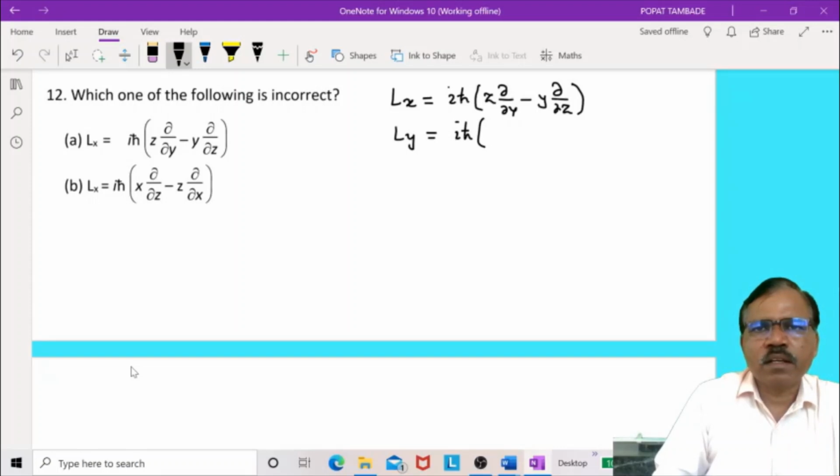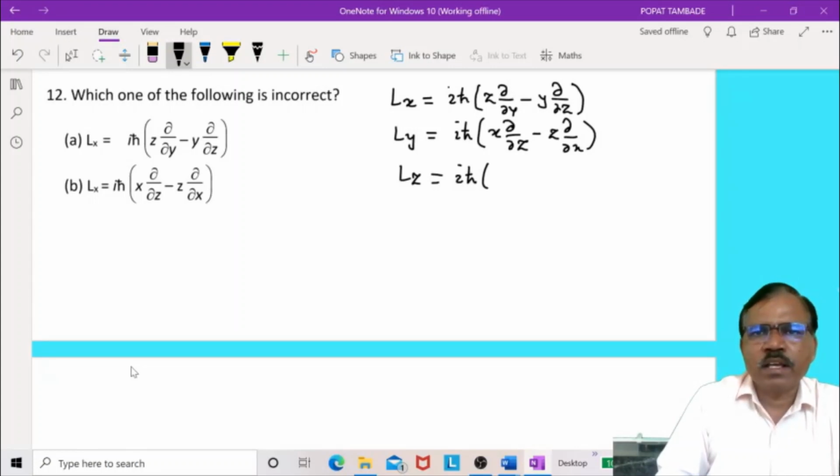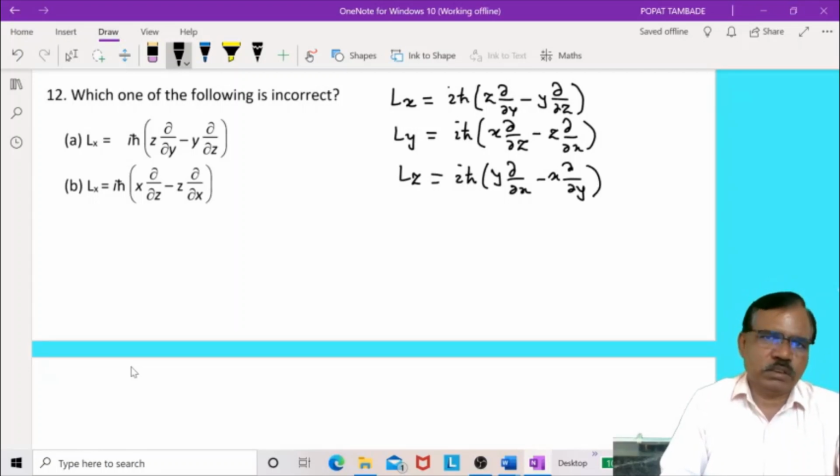Then before Y we have X. So x ∂/∂z minus, after Y we have Z. So z ∂/∂x. And Lz, we have here iħ. Z X, so we take XYZ. So y ∂/∂x minus x ∂/∂y. So these are the three components of the angular momentum operator.